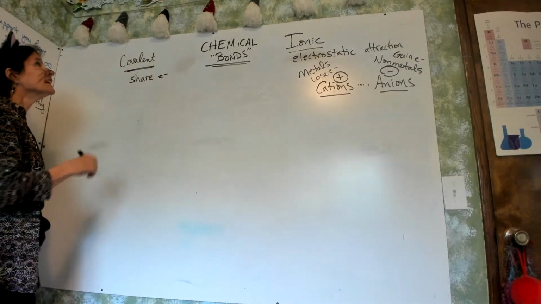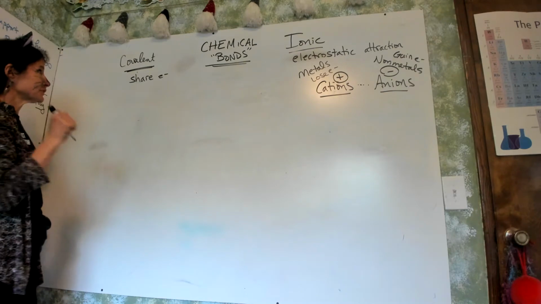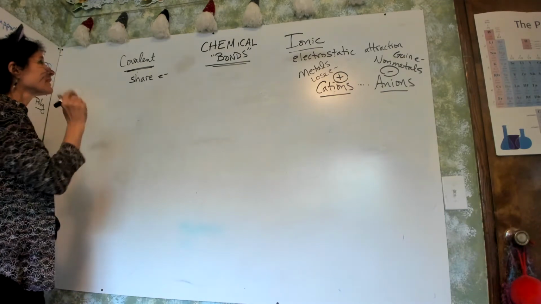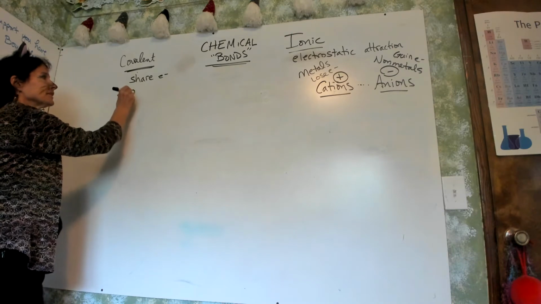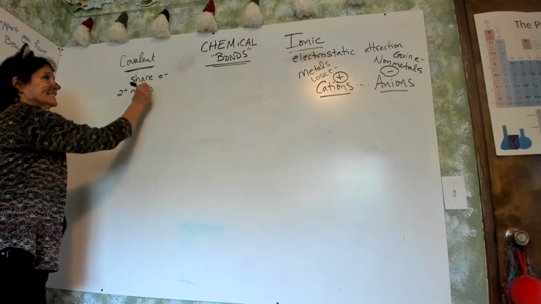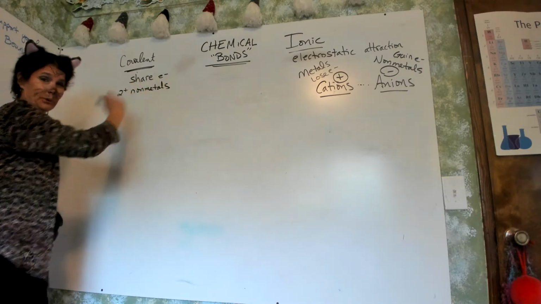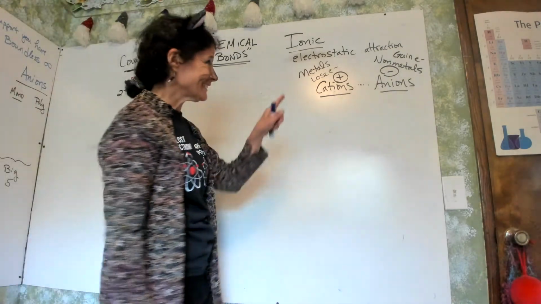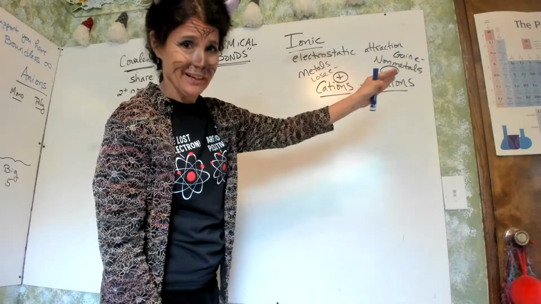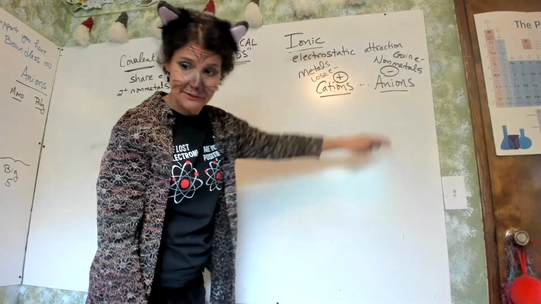All right. Covalent shares electrons. These are going to be two or more nonmetals. This is the most important part of the video just happened. You can stop now. You're going to know ionic. You see a metal and a nonmetal. We always show positive before negative.